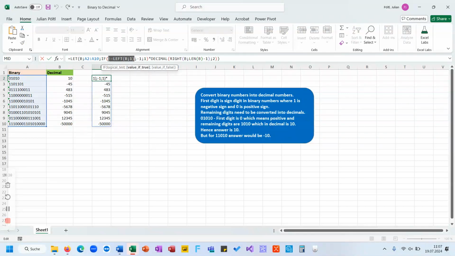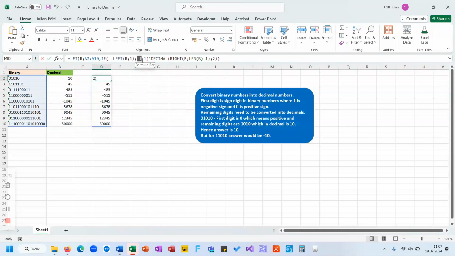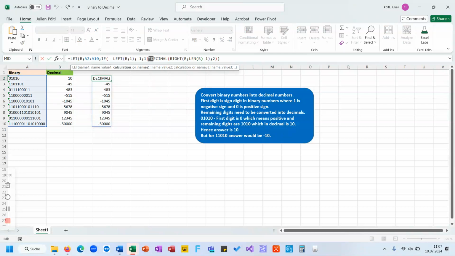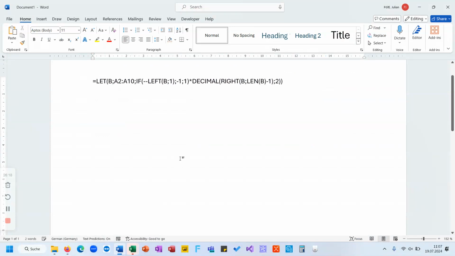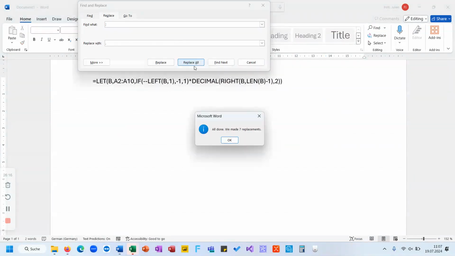So it can also handle 1 and 0, and then it's negative, and negative multiplied with decimal gives out the result, or if it's positive, then this would be 0. Then we have a 1, and 1 multiplied with the decimal gives also the searched result.